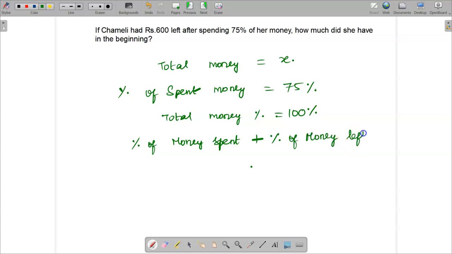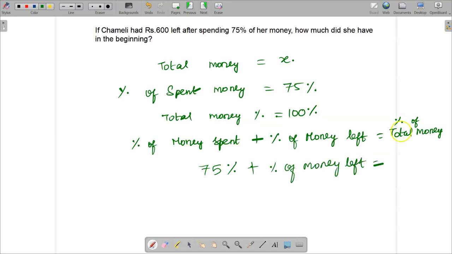The percentage of money left is equal to the percentage of total money minus the percentage of money spent. The percentage of total amount spent, they have already given, is 75%. I don't know the percentage of money left, so let me keep it as it is.